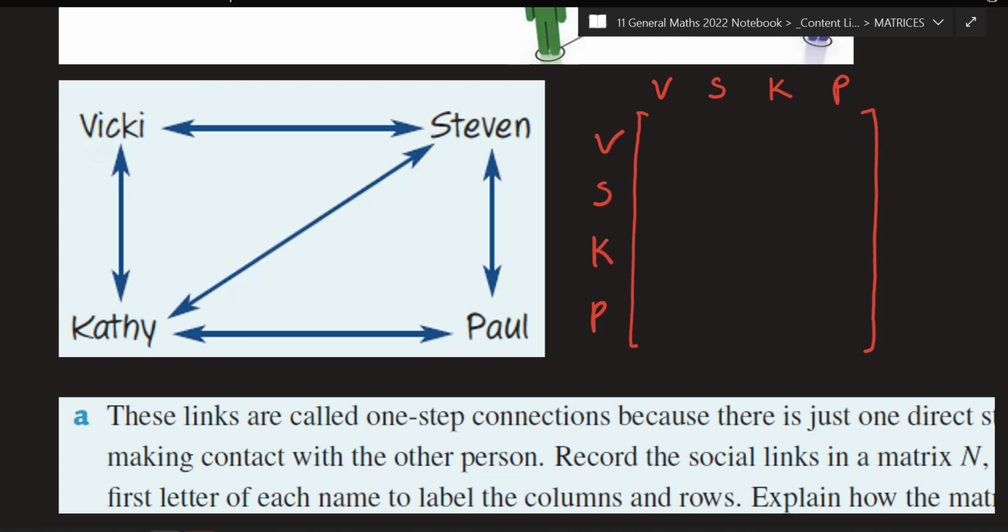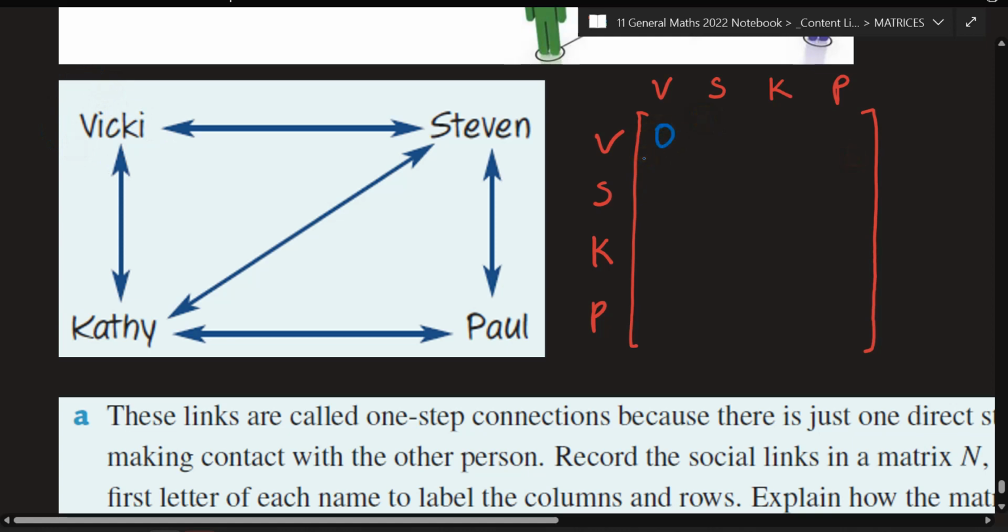So for V to V in my matrix, it's going to be 0, because she doesn't technically have a one-step communication to herself. If there was a loop there, you would write a 1 there, but there isn't. So V to V is 0.